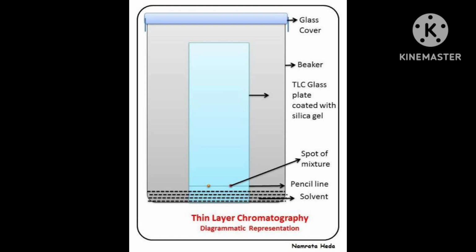Now further, which component has adsorbed more, how will you come to know? The relative adsorption of each component of the mixture is expressed in terms of its retardation factor, RF, capital R, small f, called the RF value.